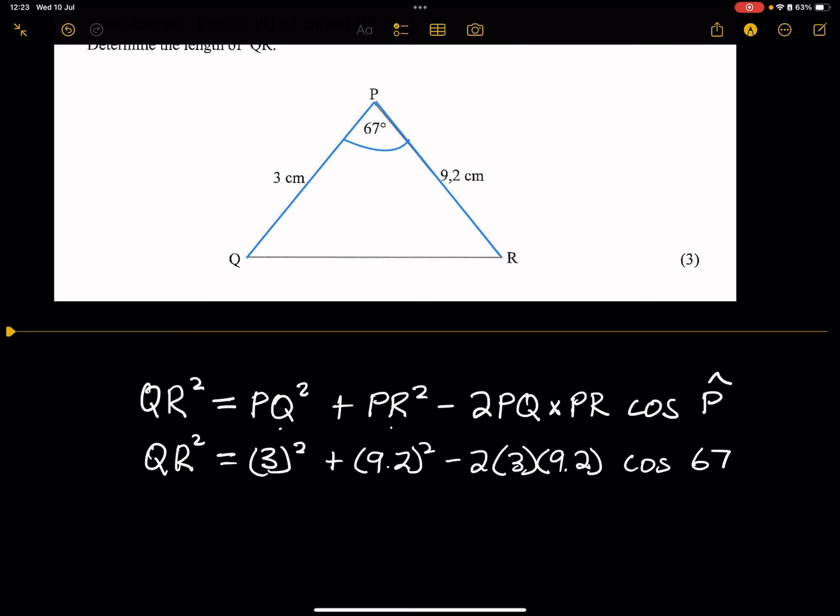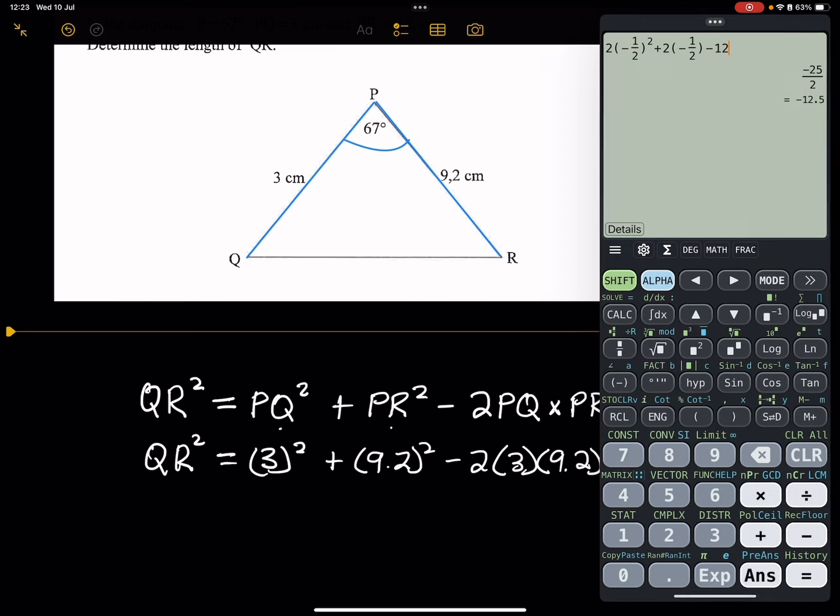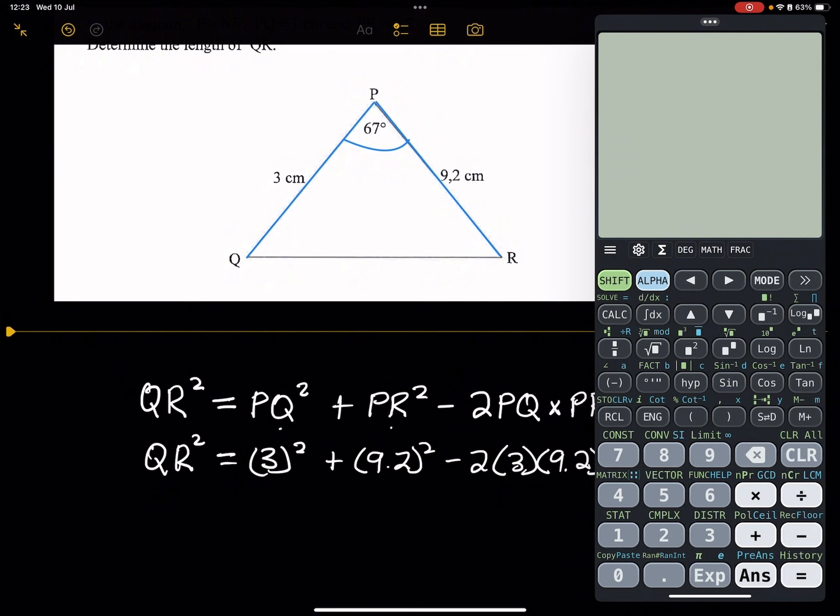But remember, we've got QR squared, which means that we have to use the square root at the end. So we're going to have 3 squared plus 9.2 squared minus 2 times 3 times 9.2, the cosine of 67. Please always make it a point that your calculator is in degrees so that you don't end up with the wrong answer.